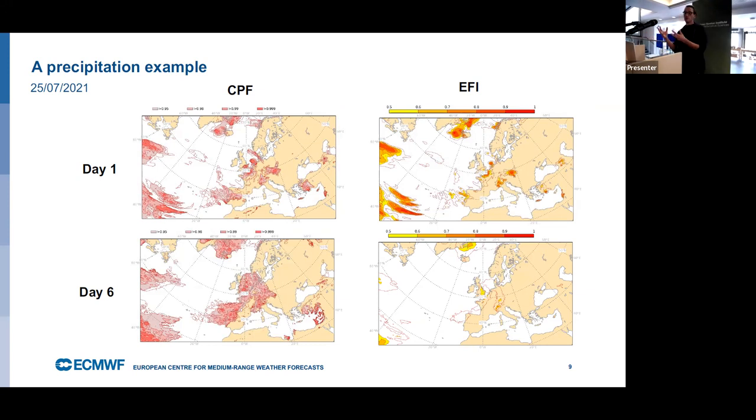So these small probabilities will be put up front thanks to this mechanism of looking at the CPF. So we will have a signal in the CPF while the signal will vanish in the EFI.